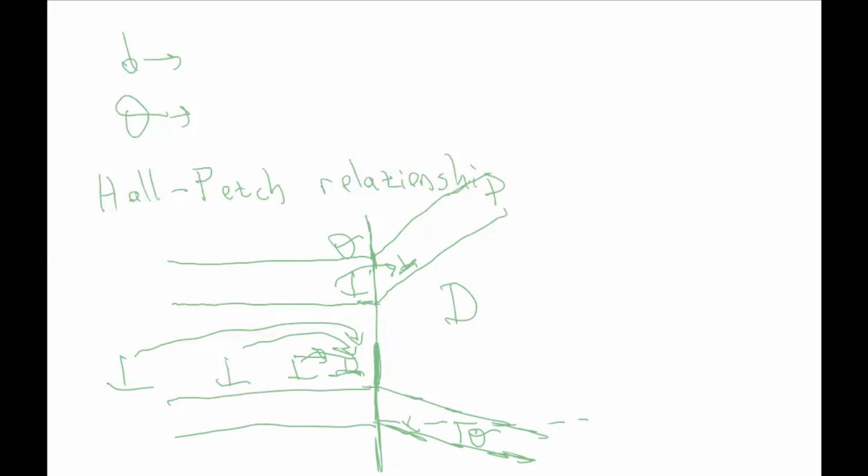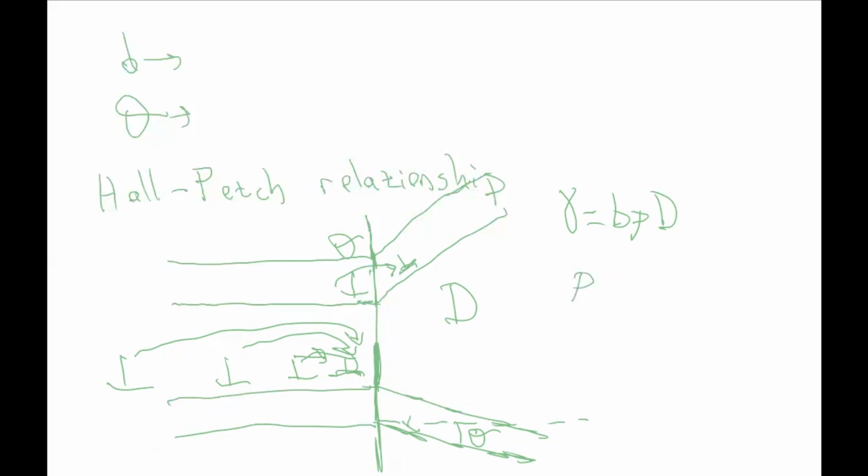The shear strain due to the average grain size can be calculated through Burgers vector times dislocation density times the average grain size.